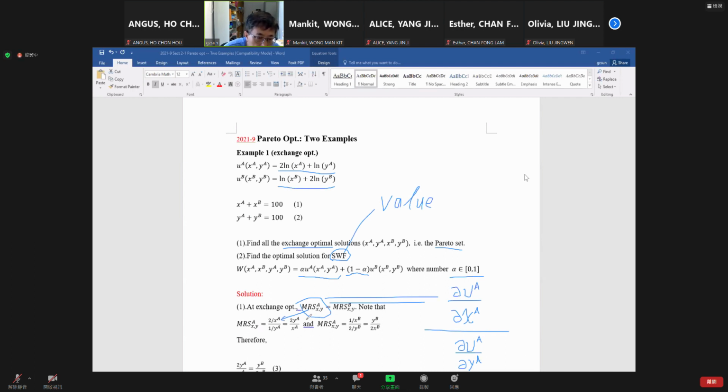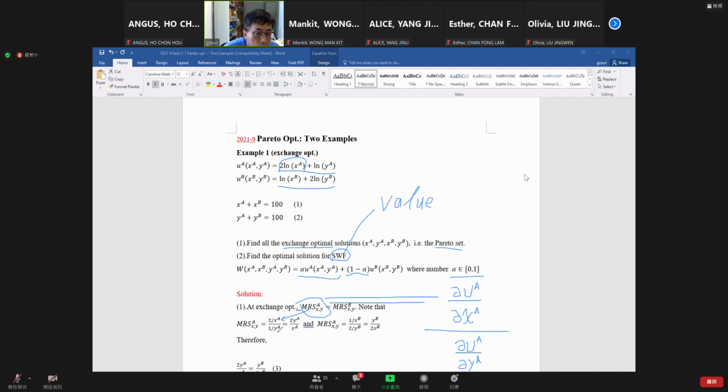Therefore, for the marginal utility of X, you consider the first order derivative with respect to XA. Clearly it's 2 over XA. That's the numerator.